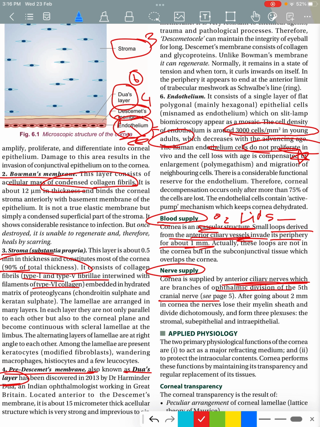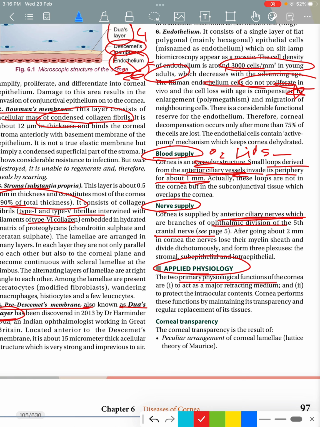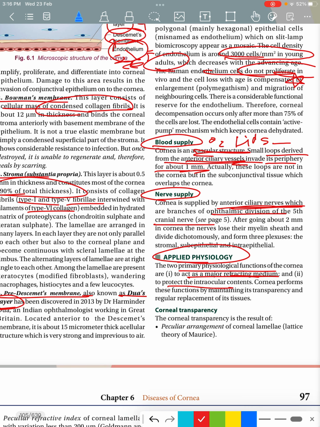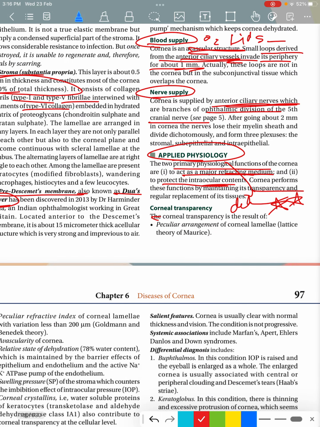Then let's go into the physiology of the cornea. There are just 2 primary physiological functions: to act as a major refractive medium, and to protect the intraocular contents. The cornea performs these functions by maintaining its transparency, and transparency is very important, and dehydration is also a very important property of the cornea. Let's see about corneal transparency.